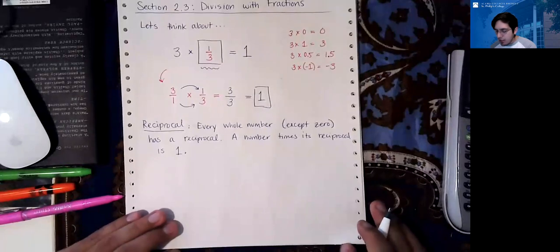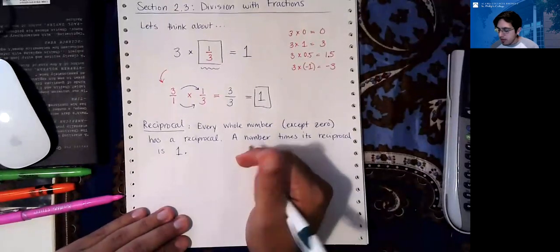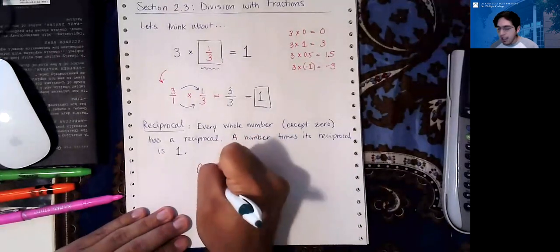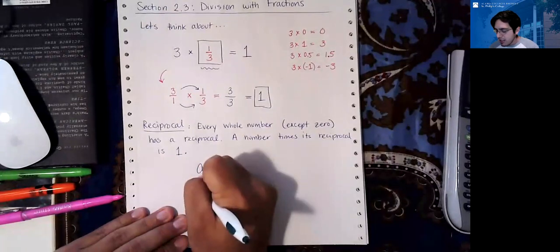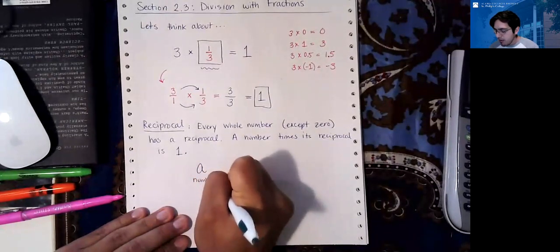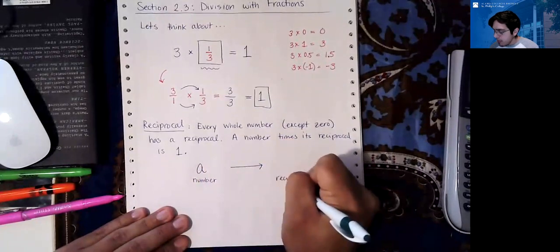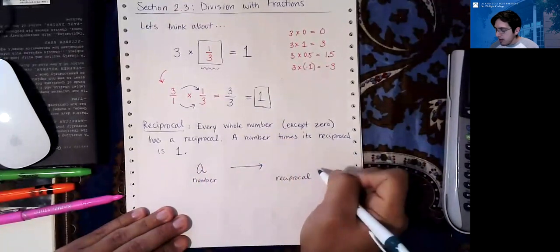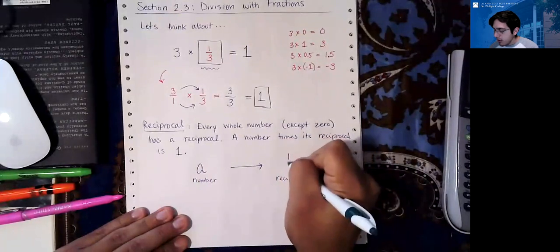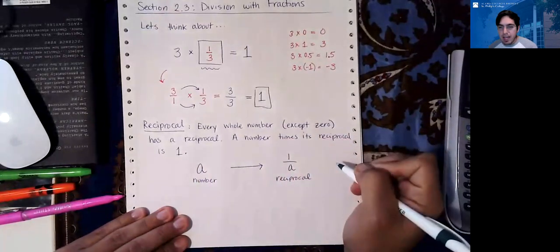Okay. Well, how do you find a reciprocal? If I have the number a, and let's just say that that's a placeholder for some number, to find its reciprocal, you would just put 1 over that number.